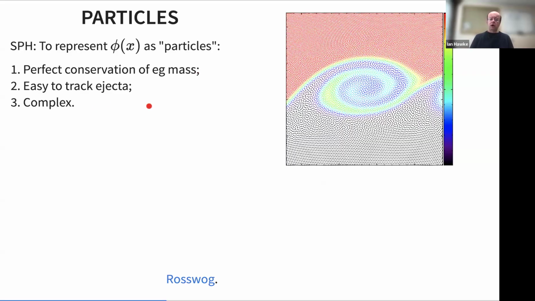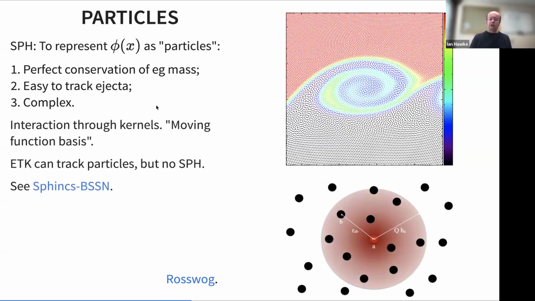But these are incredibly complex, and one of the main sources of complexity is that the interaction between neighboring packets means that you need to have a description of how one packet talks to another one. You do this essentially by putting a function basis around each packet, which makes this a bit like an overlapping set of function bases, but the center of each function basis can move from time to time.